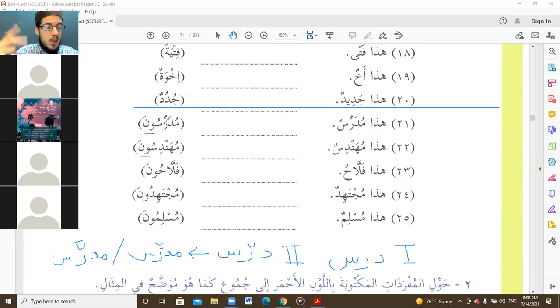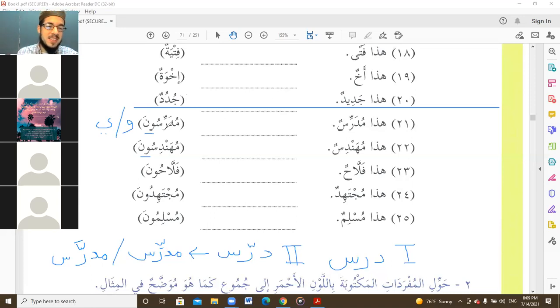Subject, predicate, and the doer of verbs, is actually the waw. It's the waw. And in the other cases of grammar, genitive, accusative, majroor, or mansoob, it's going to be ya. Mudarrisin, muslimin. You've heard of this in the Quran or in different dua, right? Now it's all starting to come together.